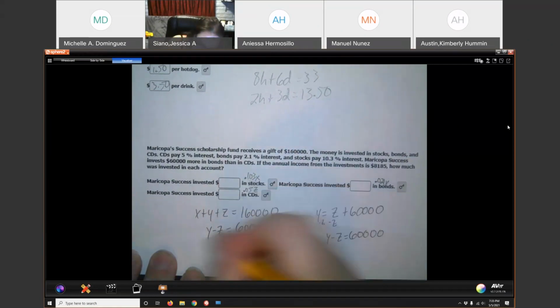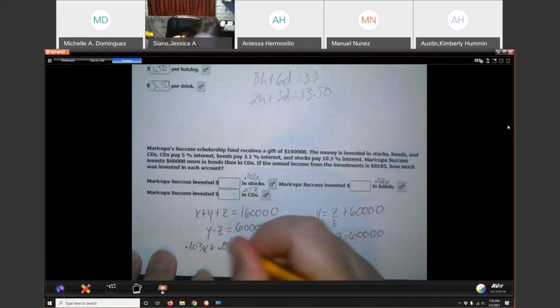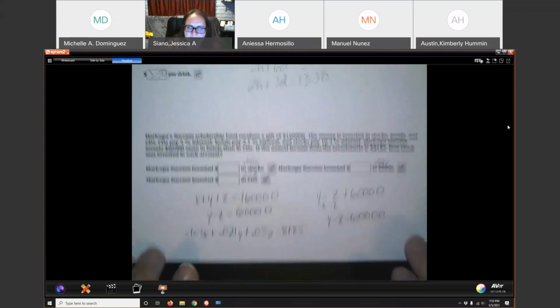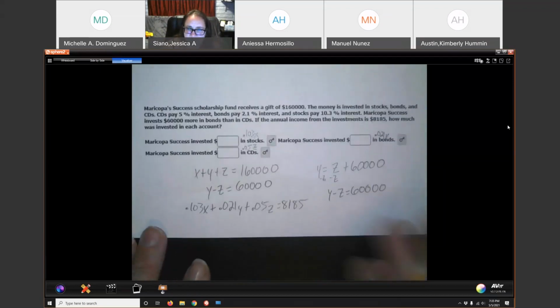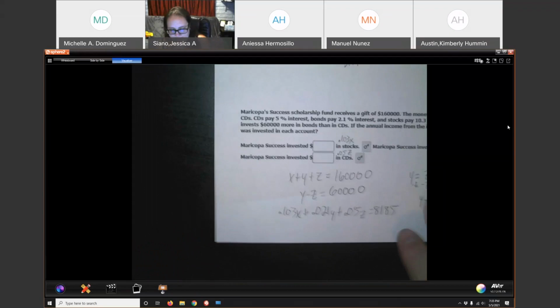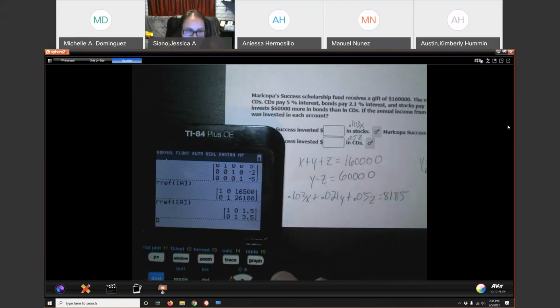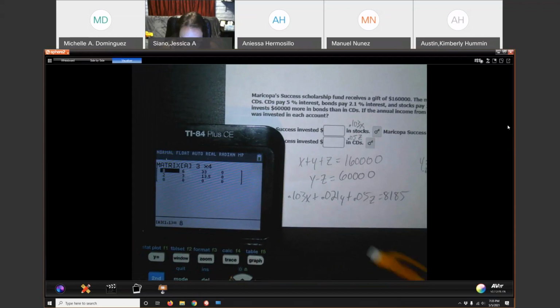And then 0.103x plus 0.021y plus 0.05z was the 8185 that they made total. This one's 3 by 4.